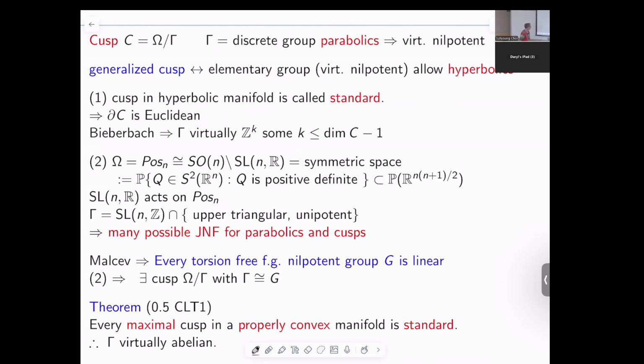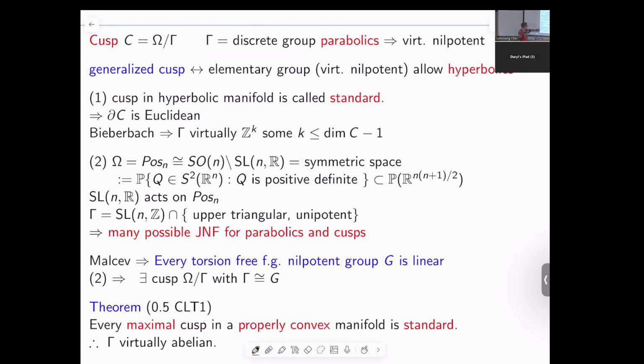In fact, there's a theorem of Malcev that every torsion-free finitely generated nilpotent group is a subgroup of some GL(n,R). And so it follows that actually every such group is a fundamental group of a cusp in this sense, a discrete group of parabolics, which makes the following theorem somewhat surprising.